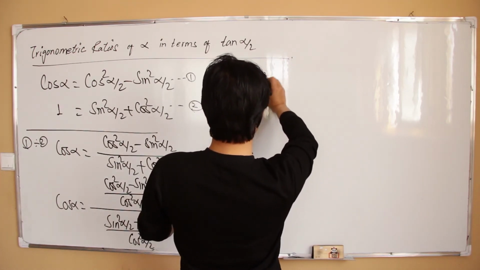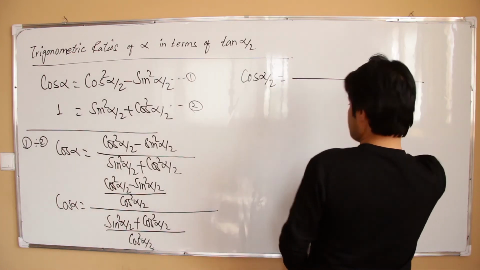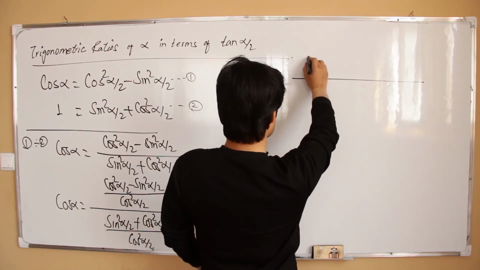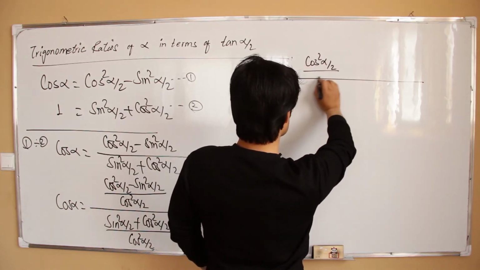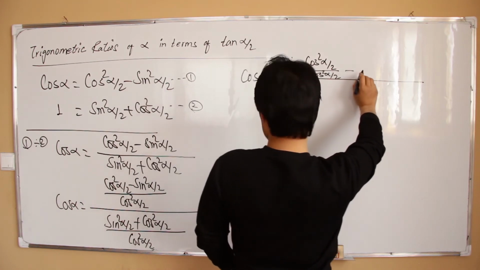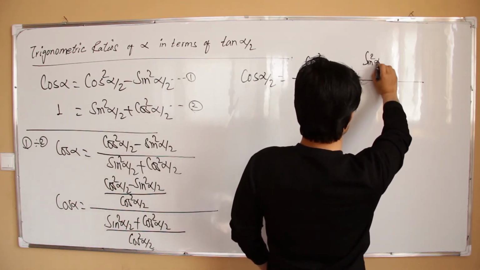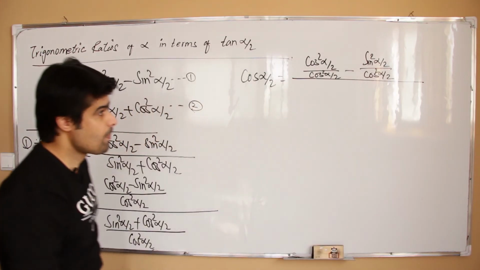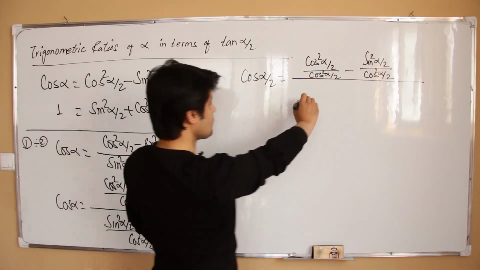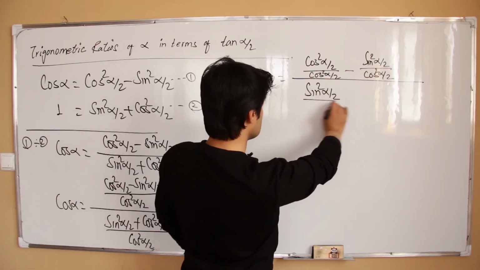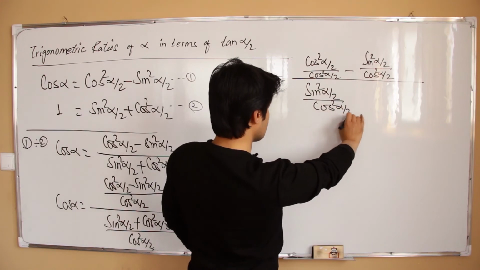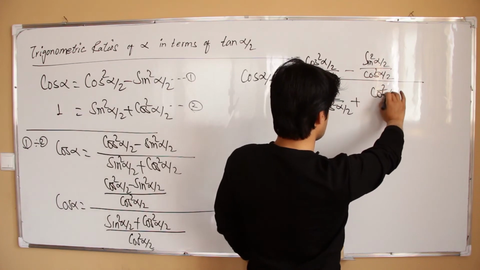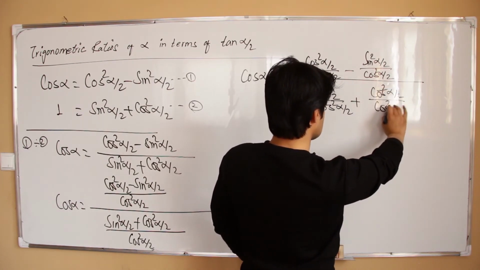So you have cosine of alpha, in here, cosine square of alpha by 2 divided by cosine square of alpha by 2, minus sine square of alpha by 2 divided by cosine square of alpha by 2. Am I right? Yes. Now here also, sine square of alpha by 2 divided by cosine square of alpha by 2 plus cosine square of alpha by 2 divided by cosine square of alpha by 2.